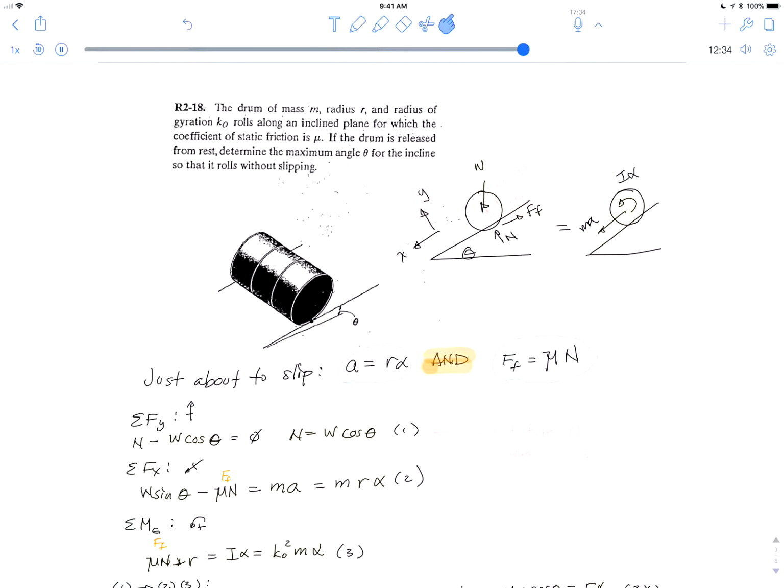So let's do this. There's a little twist to this problem. There are all these variables, and it's asking for the angle where it's just about to slip.